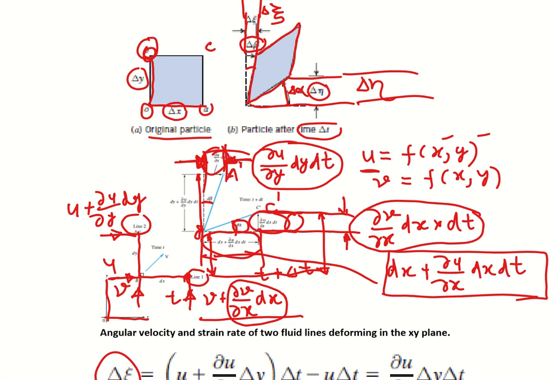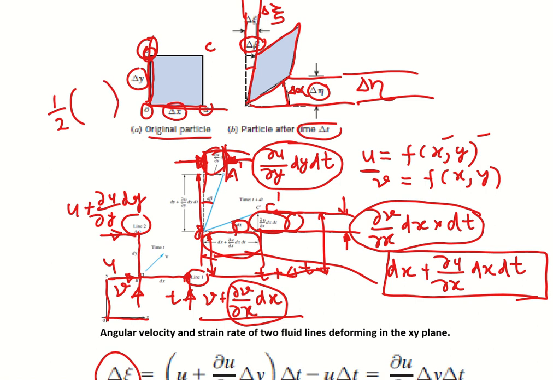We will calculate the average rate of rotation of these two lines. Average means 1 over 2. And since rotation has a sign, let's give a positive sign to clockwise or anti-clockwise, whichever sign convention you want to follow.